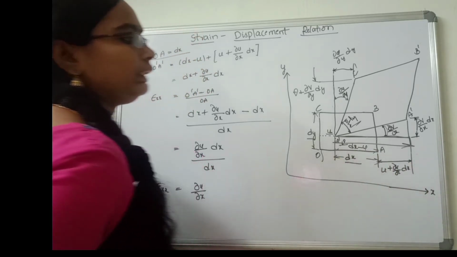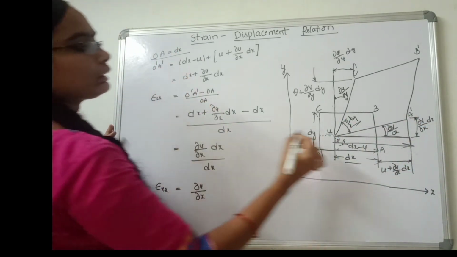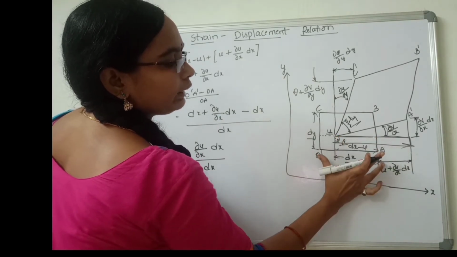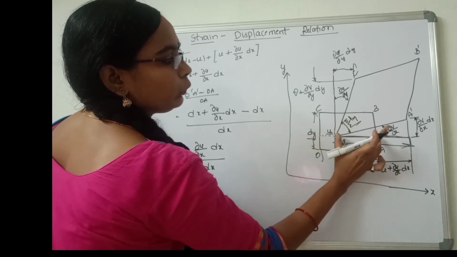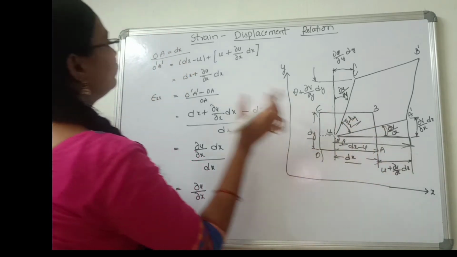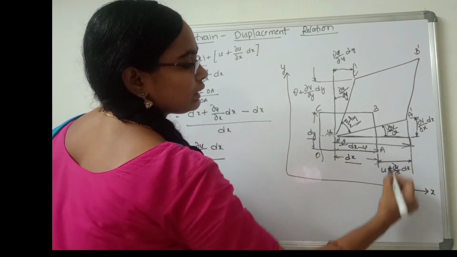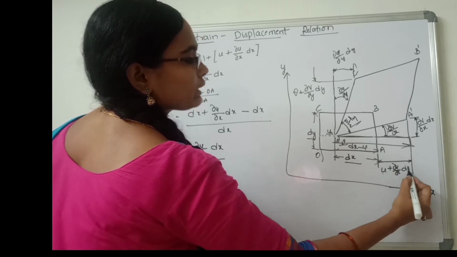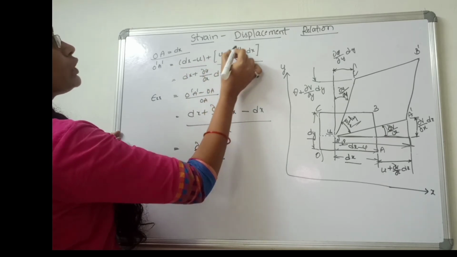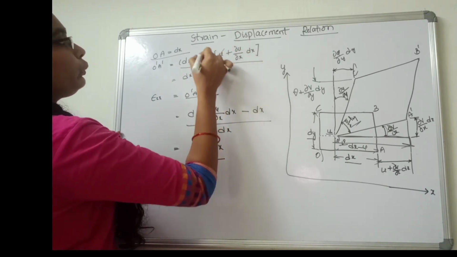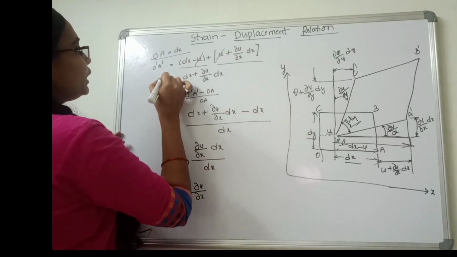The u cancelled. Finally, dx plus dou u by dou x dx is the change in length.